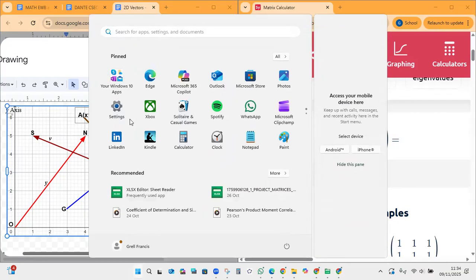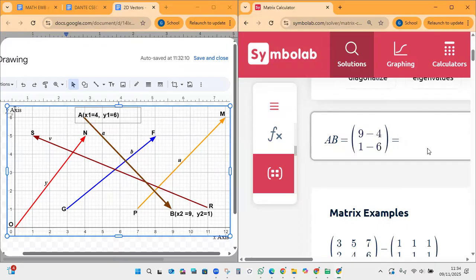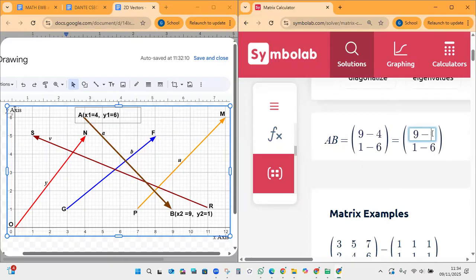would be equal to five units towards the right and 5 units downwards, which is written as -5.